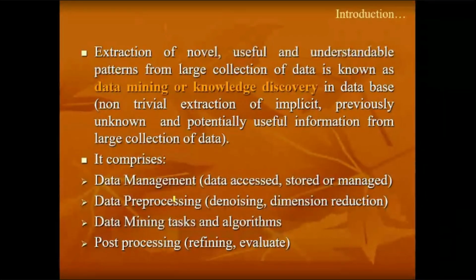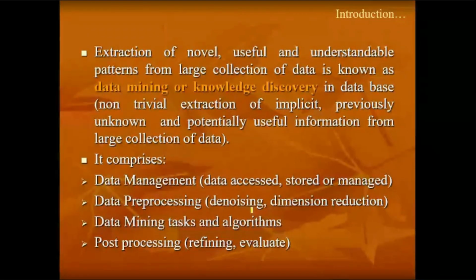In data pre-processing, there are denoising and dimension reduction. When you have huge data, firstly you need to find out how you can reduce its size, so dimension reduction is important. And denoising, because if there is noise in the data when you are running an experiment, it will not provide a good result.